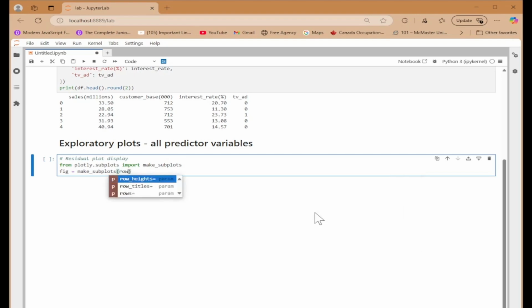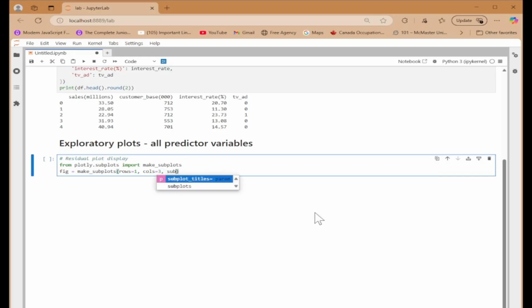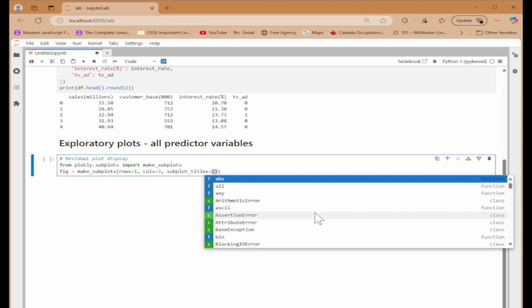Here we're going to define rows equals 1, cols equals 3. We will have 3 columns, plus subplot_titles equals, where we're going to show the title of each of these plots. There will be 3 plots.